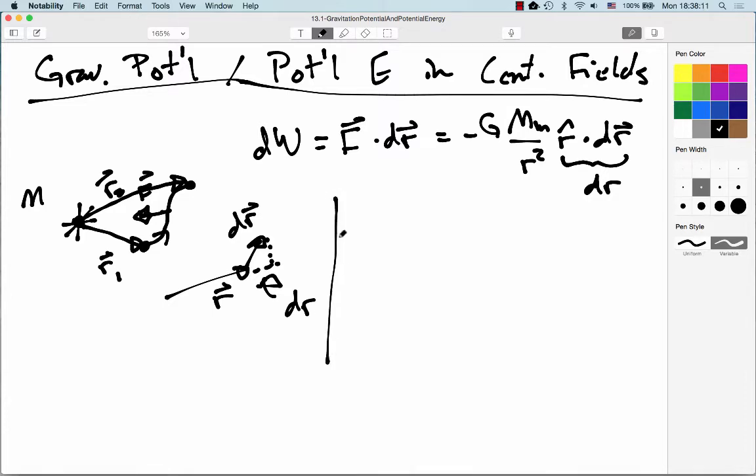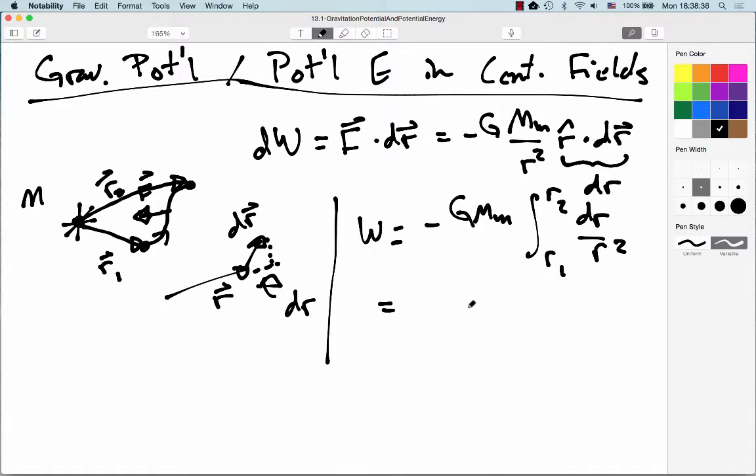So the total work done will be equal to the integral from r1 to r2 of our minus, well, we can pull some stuff out of the integral. Let's do that. We can pull out a minus GM. We'll be left with an integral from r1 to r2 of dr over r squared, and that will give us minus 1 over r, but we got a minus in front, so it leaves us a little plus. So GM times 1 over r2 minus 1 over r1.